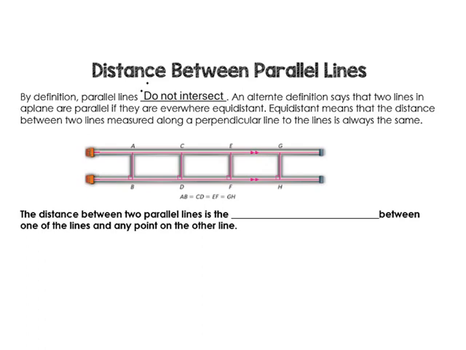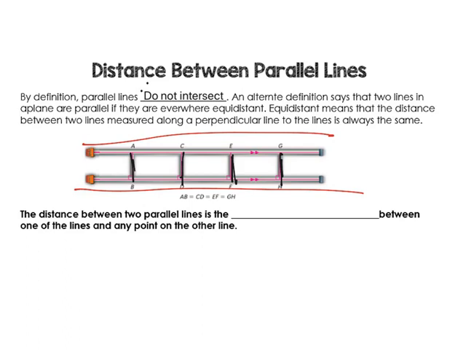That means that the distance between two lines measured along a perpendicular line to the lines is always the same. So these perpendicular segments should all be equal length in order for this line and this line to be parallel.